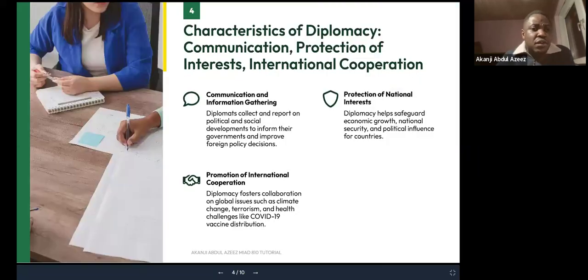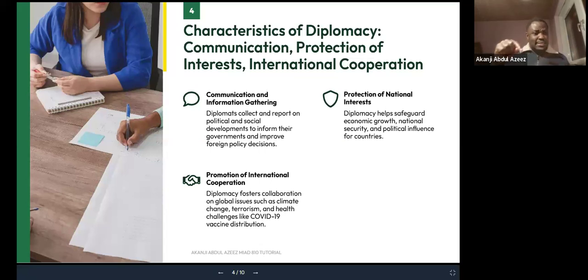The next characteristic of diplomacy is communication and information gathering. That's number four. Diplomats sometimes also act to collect and report information about political, economic, and social developments in their host country.